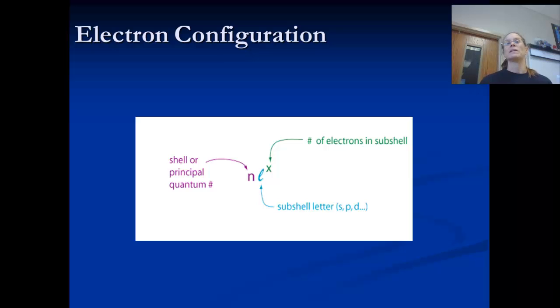That would be that number 1, 2, 3, 4 that corresponds to an actual period in the periodic table. What you'll see next is one of the subshell letters or sublevel letters, SPDF, and then there will be what looks like an exponent, which indicates the number of electrons that are in that sublevel, and that's represented by the letter x.